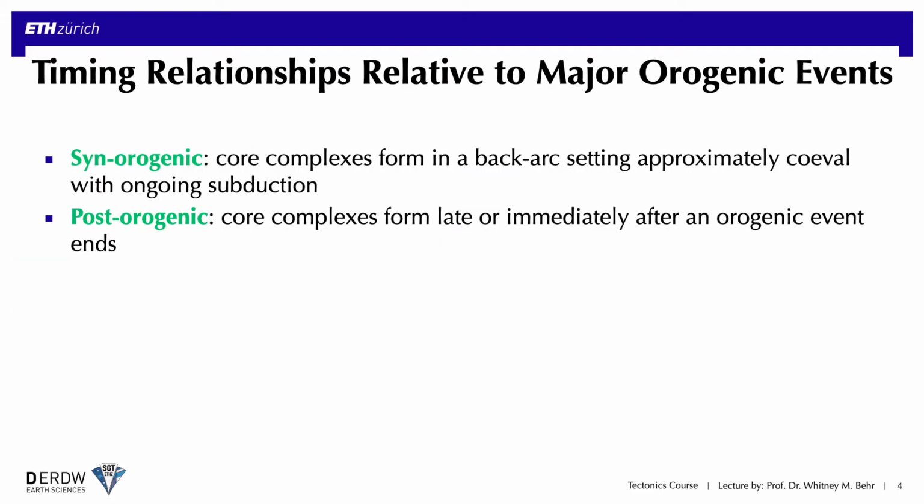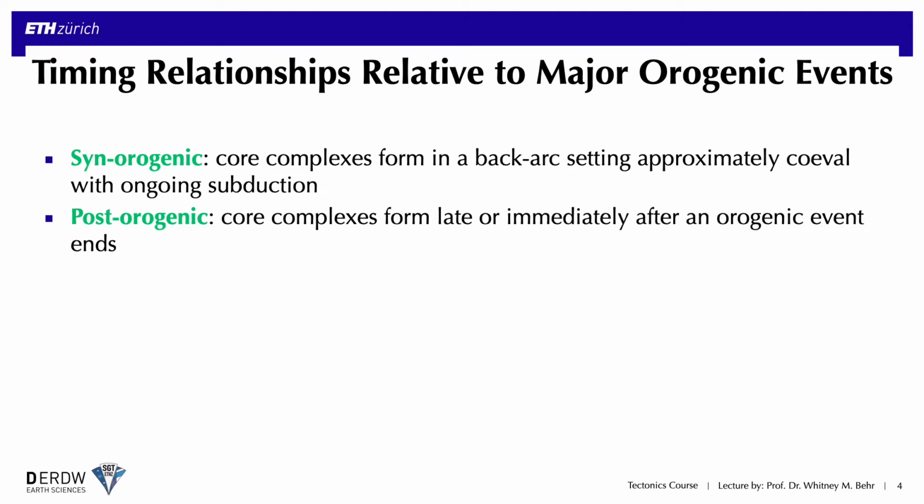And if you look closely at the timing relationships between orogenic uplift and the onset of extension, there appear to be two types of relationships. Some of the core complexes on the last slide appear to be forming or to have formed during ongoing subduction. So we'd refer to them as syn-orogenic, and they tend to occur primarily in a back arc setting.